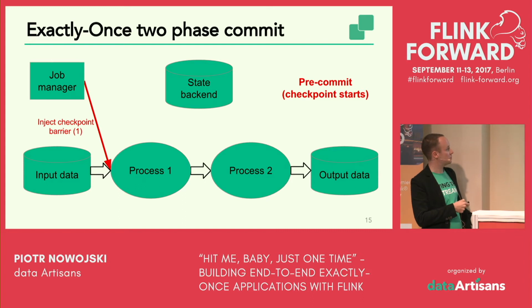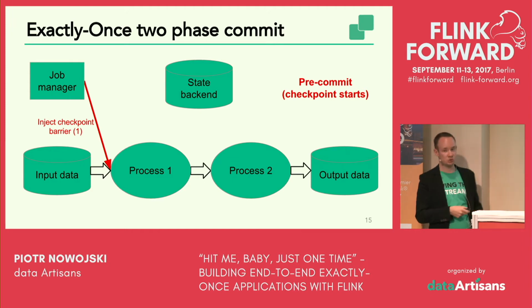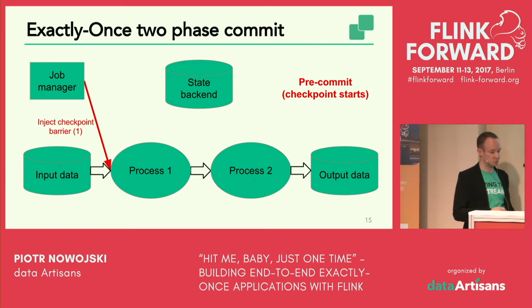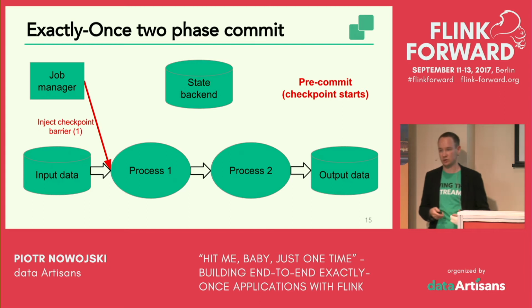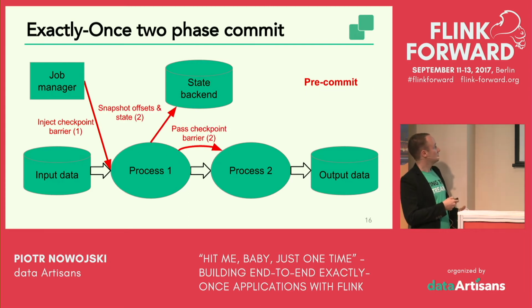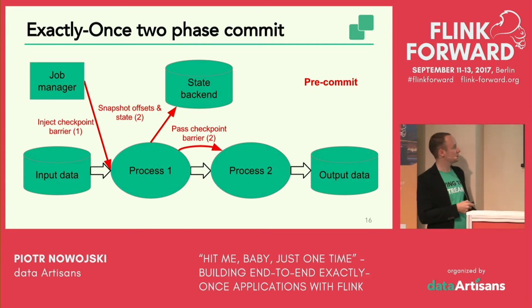This checkpoint barrier will be passed from one process to another, and every time it reaches a process, it will call the snapshot callback on every operator inside this process. Once we start taking the snapshot, our operator is supposed to store its state into the state backend.